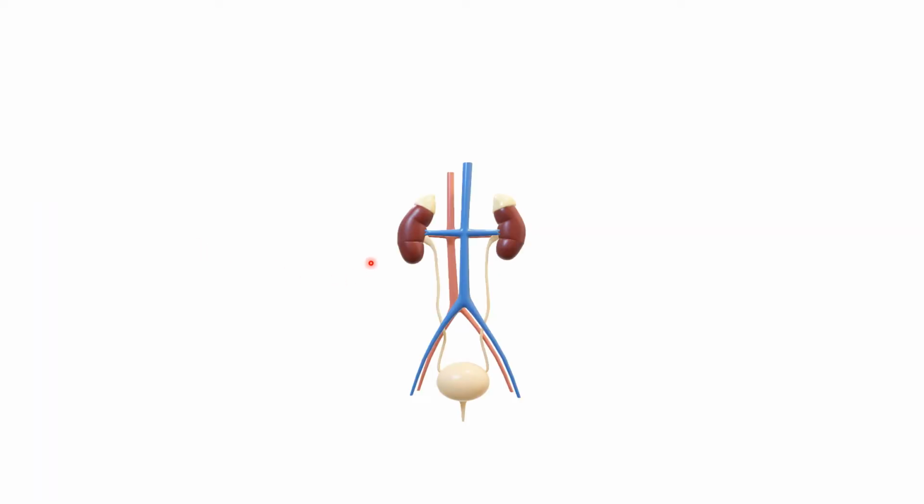Later on, when we are learning more about Schistosoma haematobium, we will know that there will be problems with the renal system. You can see the kidney, the adrenal gland, the ureter, the bladder, and urethra. I will go through all these later on.